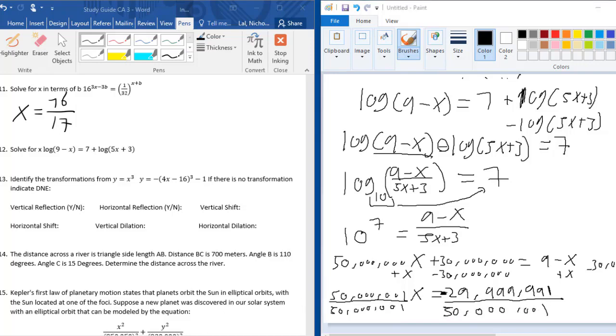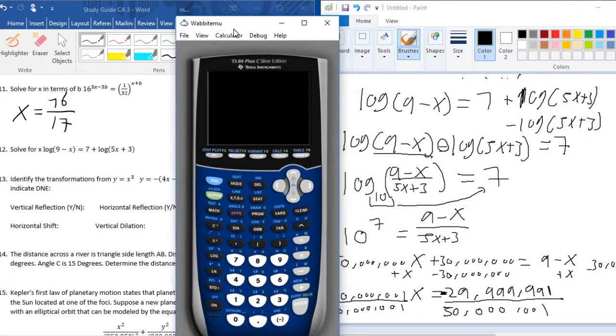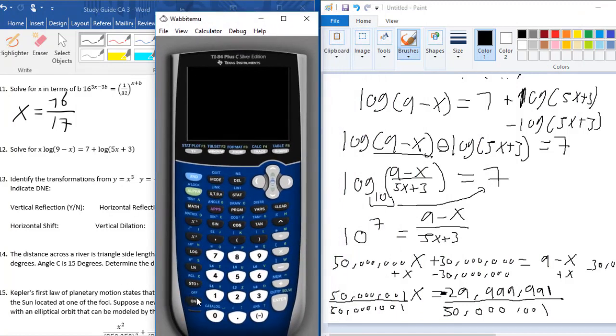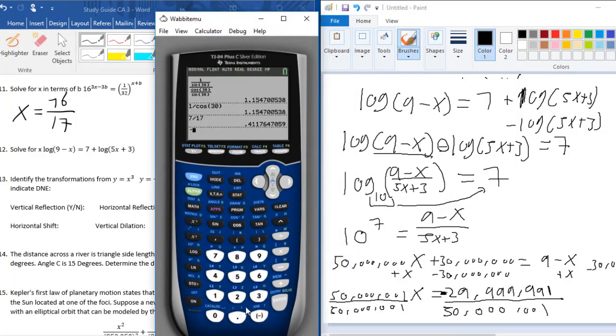So to get my x value, I pull up my calculator and I input negative 29,999,991 divided by 50 million and 1x. Yes, Michael, yes, you may.